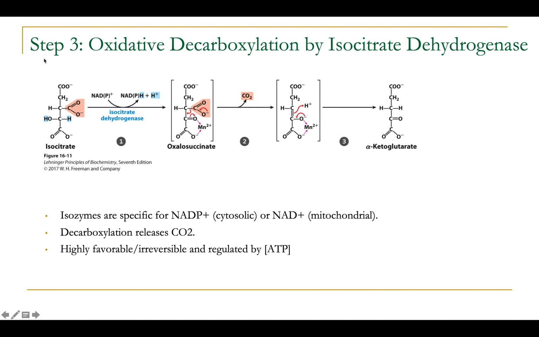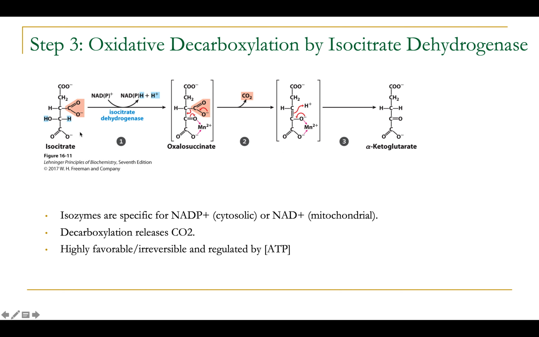The third step of the citric acid cycle is the first step where decarboxylation occurs. It is oxidative decarboxylation of isocitrate to alpha-ketoglutarate. And in this step, one of the carbon inputs into the citric acid cycle is released in the form of CO2.